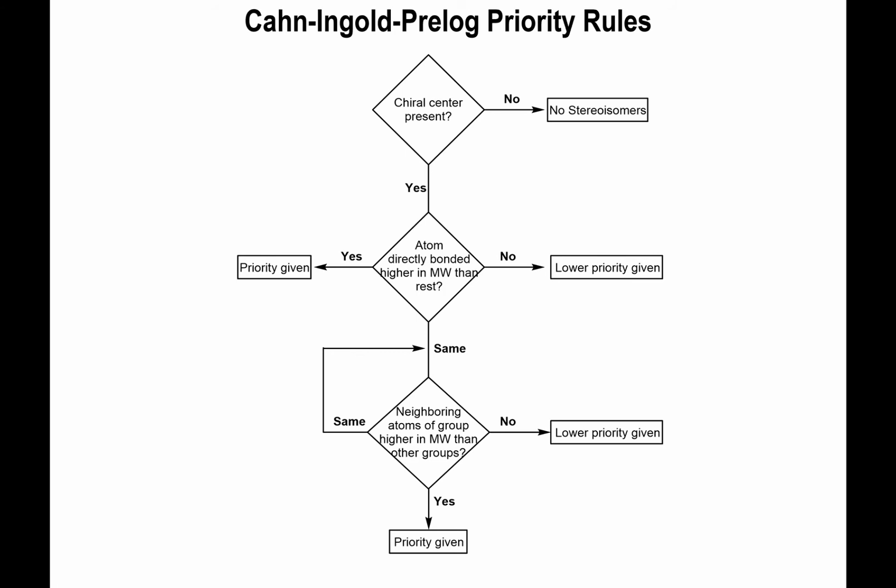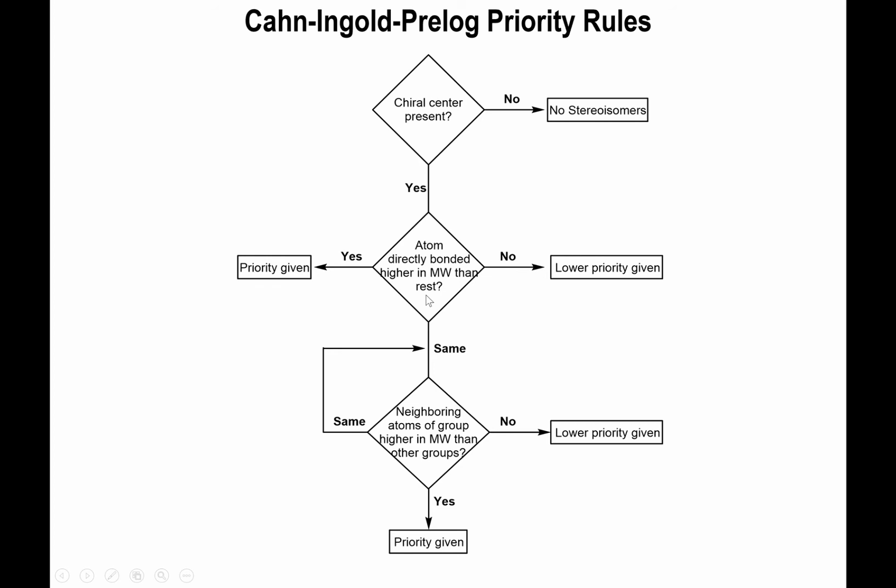unique name. And the way this goes is basically we first determine that there is a chiral center present in the molecule. If there are no chiral centers present, then you don't have stereoisomers. But if there are chiral centers present, then we ask the question: what kind of atom is bonded to the chiral center?